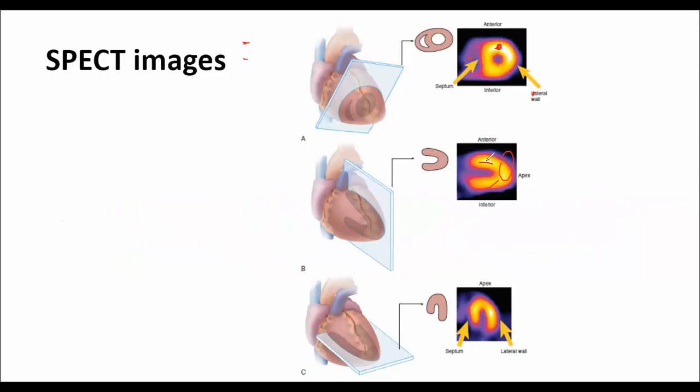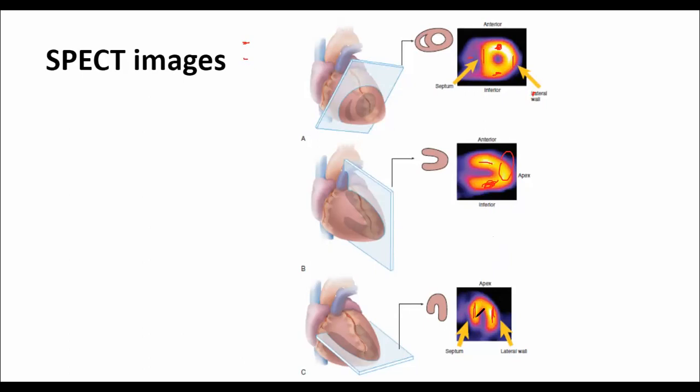Just to confirm it, we are taking it in different tomographic planes. If you have a defect in the inferior segment, then it has to be here as well. Similarly, if you have a defect in the lateral wall in short axis, then you are also going to see that defect in lateral. If it's in the septum, then it has to be in the septum here as well.